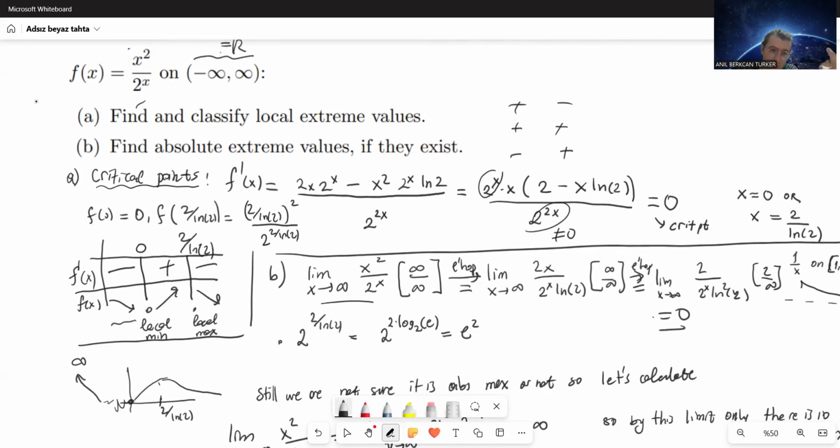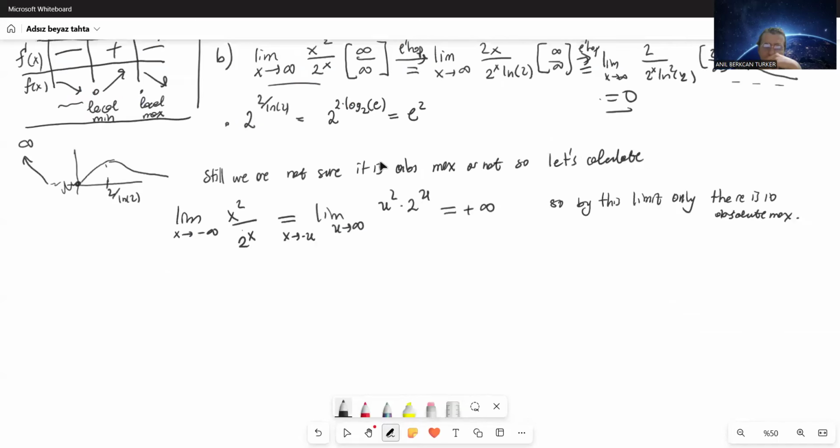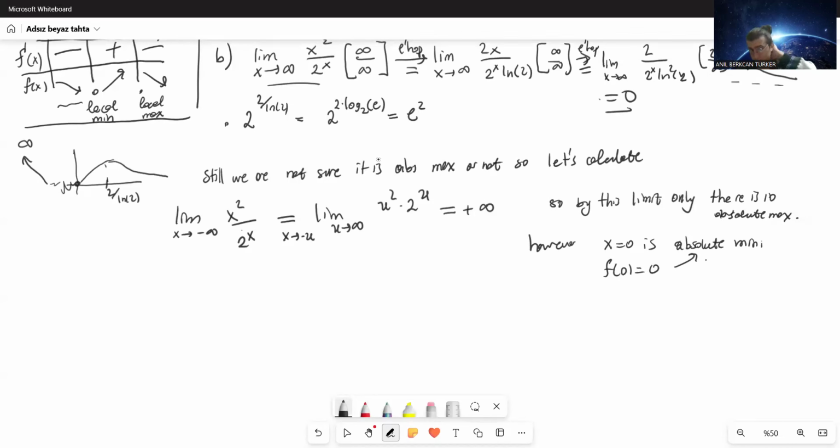It means that it should be an absolute minimum, because it cannot take less than this. So we can say that x equals 0 is the absolute minimum, or f of 0 equals 0. Okay, absolute minimum. So this question is finished.